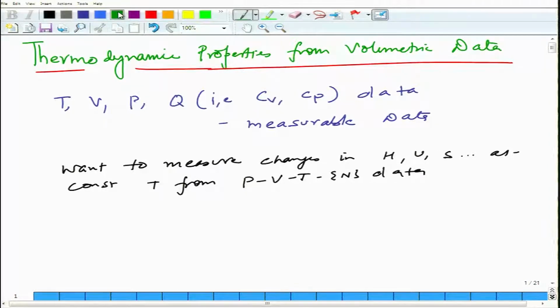Now, what are the typical data which are usually available? The data is usually given in two forms. One is V as a function of T, P and N, which is easier to measure.